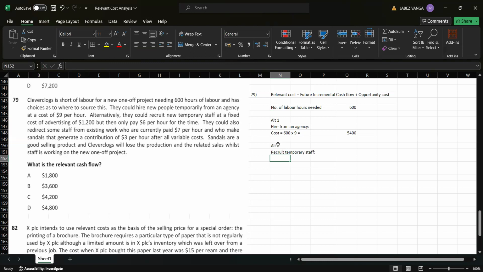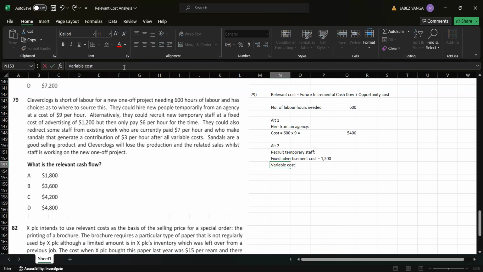One is fixed advertisement cost, which is equal to 1,200. Then they also have to pay the workers at the rate of $7. Okay. That's a variable component.